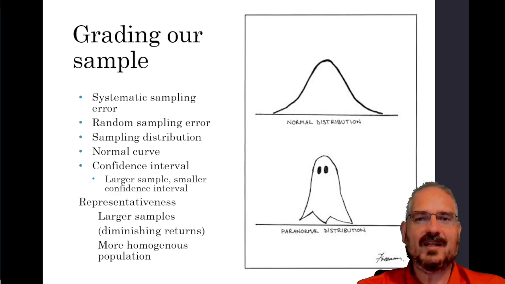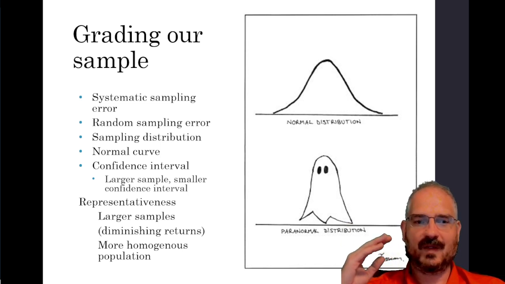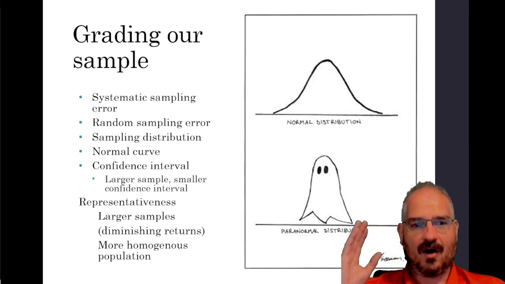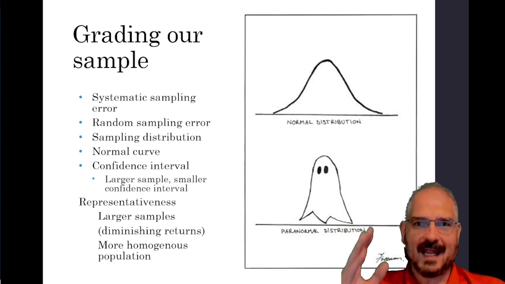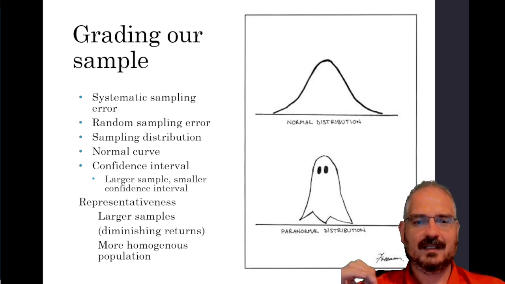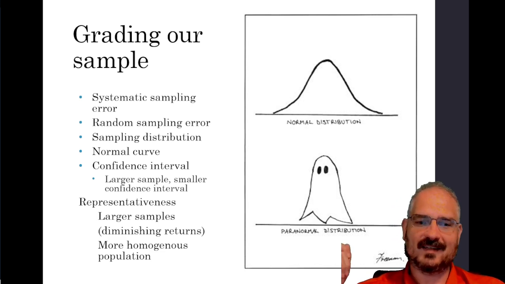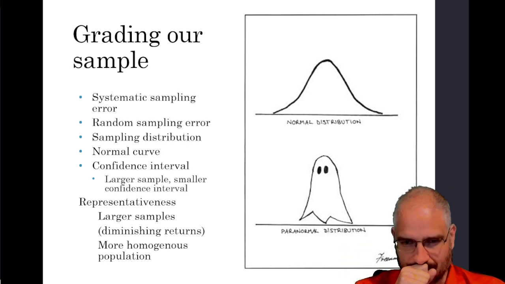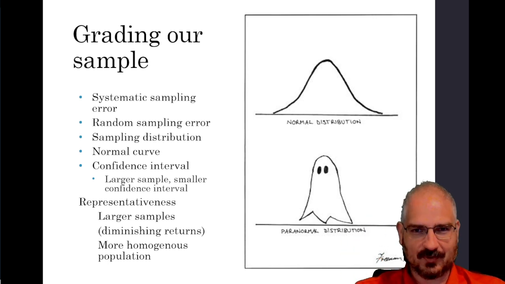Random sampling error, which is just pure random chance, is different. Even if we did everything right, with zero systematic sampling error, our sample is going to be slightly different than our population. That random sampling error, again, is known and easy to measure probabilistically. But if you don't do everything right and you introduce a systematic sampling error, that can be a really big problem.